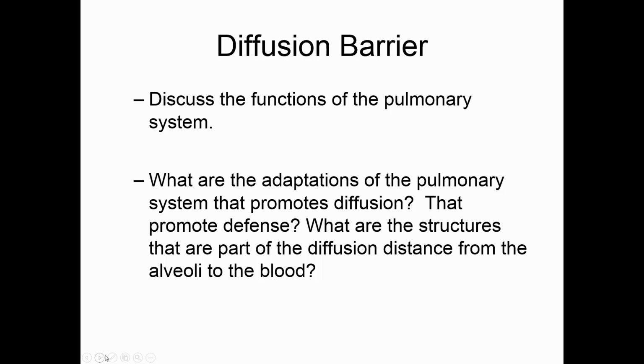The pulmonary system does some defense, and we have to think about some of the structures in the epithelium that allow particles to be swept out of the lungs, and we also want to talk about the structures that are part of the diffusion distance from the alveoli to the blood.